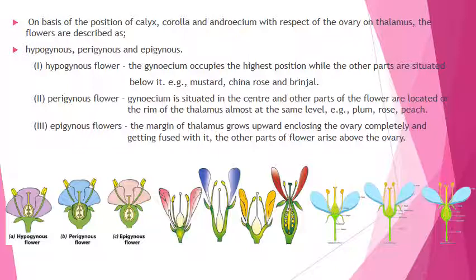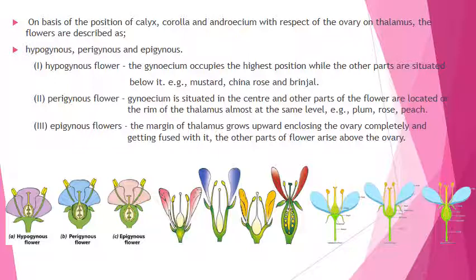Examples are mustard, China rose and brinjal. Second one is perigynous. Perigynous flowers are those in which the gynoecium is situated in the center and other parts of the flower are located on the rim of the thalamus, almost at the same level. Examples are plum, rose and peach.